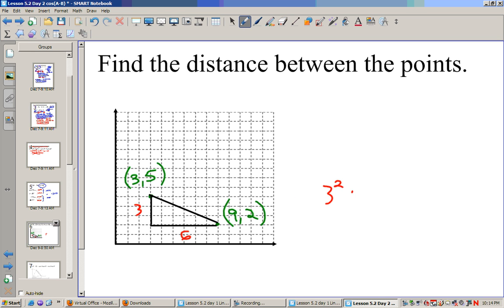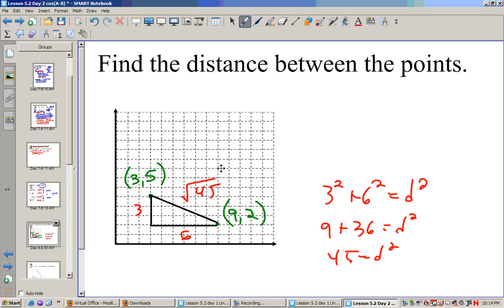Then I take 3 squared plus 6 squared equals distance squared, or 9 plus 36. This distance squared, so 45 is my distance squared, so this is the square root of 45. Or, and this we could take a 9 out of, so it'd be square root of 9, square root of 5, so that would be 3 root of 5.